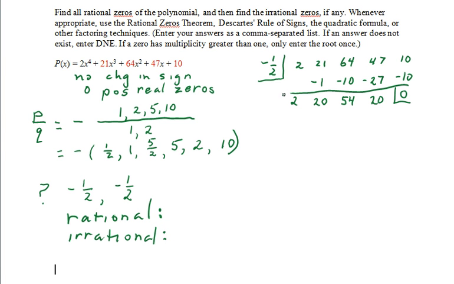Let's see if it is a double zero by dividing again. 2 will be the leading coefficient of the second quotient. 2 times -1/2 is -1. 20 plus -1 is 19. 19 times -1/2 is -19 halves.